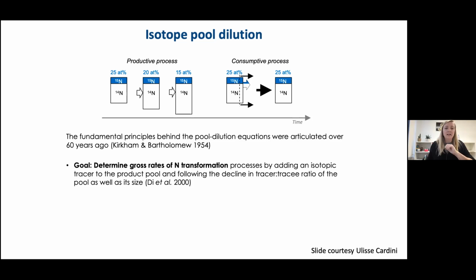A little bit tricky, but I'm happy to talk about that more later. I think the main message that you should take from this is that it's possible then to come up with rates that are net consumption or production in incubations with these isotopes.